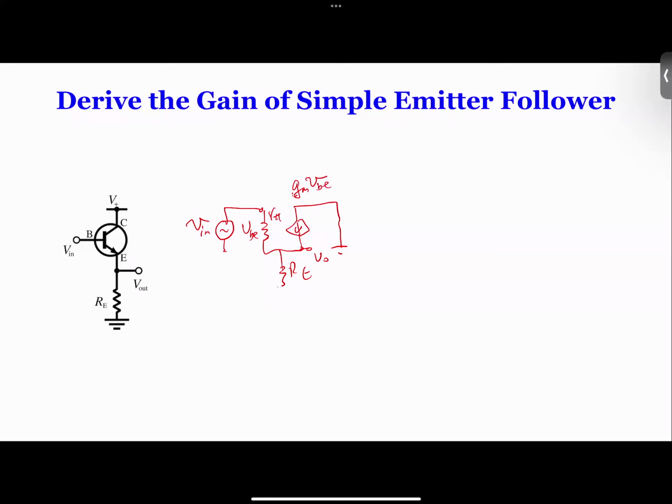With the pi model, the reason I'm saying this again is I just want to remind you that these two resistors are not in series.